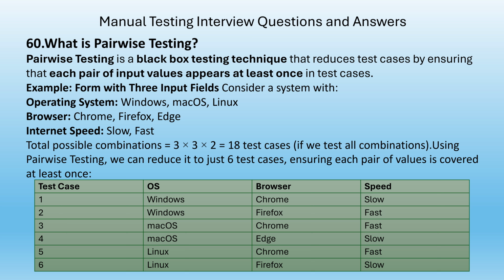Then third and fourth test cases are for operating system Mac OS, browsers Chrome and Edge, internet speed fast and slow. Next is Linux. For Linux we are using browsers Chrome and Firefox, speed fast and slow. So it will cover the 6 test cases. This is all about pairwise testing.